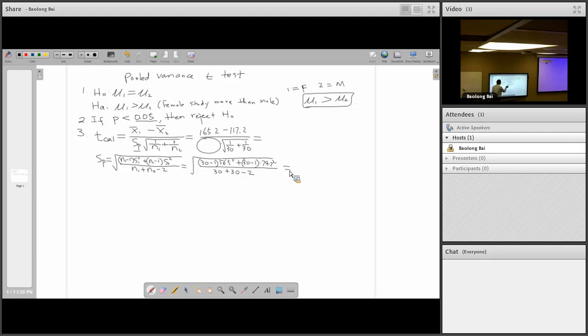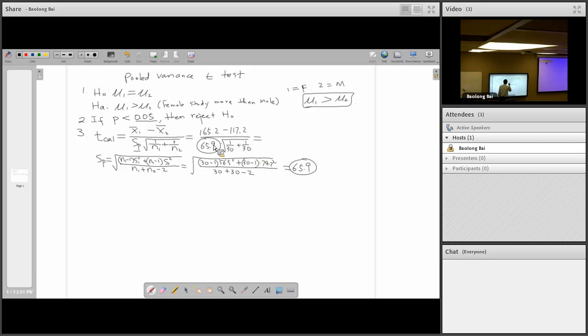It's not too hard. 29 times this plus 29 times this, and the total divided by 58, and then take a square root, right? So if you calculate that out, it will be 65.9. If you have any questions about calculation, you can always check your math work. You can talk to me. We can talk about the calculation process, but make sure you're familiar with the calculator. A lot of people struggle because they don't know how to handle their calculator. Okay. So then SP is 65.9.